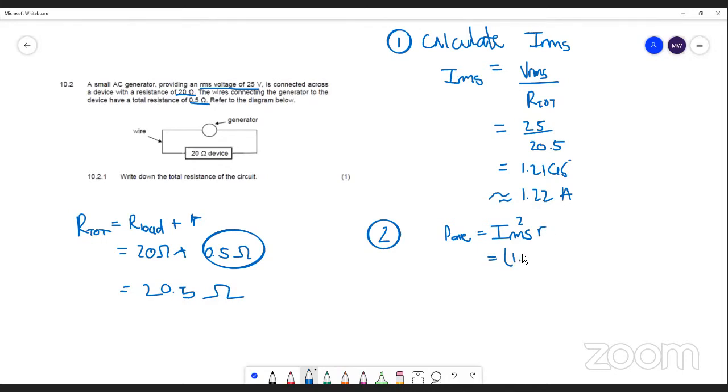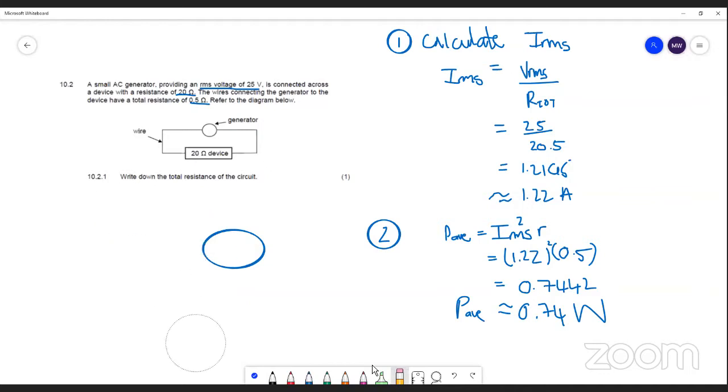So it's just 1.22 squared times 0.5, and that gives me a value of 0.7442. I know we're running out of time. Let me just finish this.